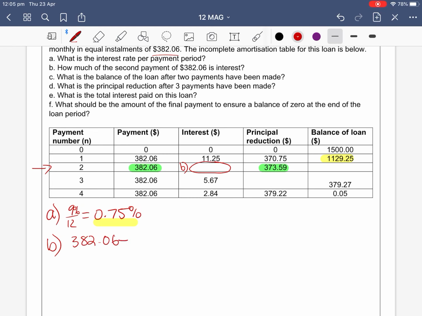We can go 382.06 minus 373.59, and we get the answer of $8.47.